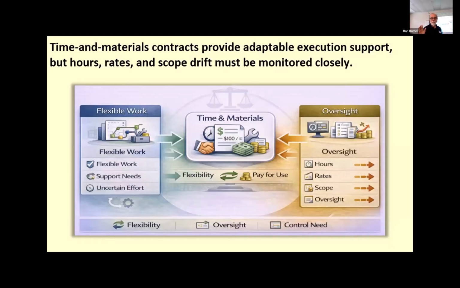In this type of arrangement, the buyer generally pays for the labor time used and the materials consumed based on agreed rates and returns. So we go in and we're going to hire this software developer who makes, say, $100 an hour, which is probably low by today's standards. Typically what they'll do is multiply that by some factor of 3.5 or something like that.